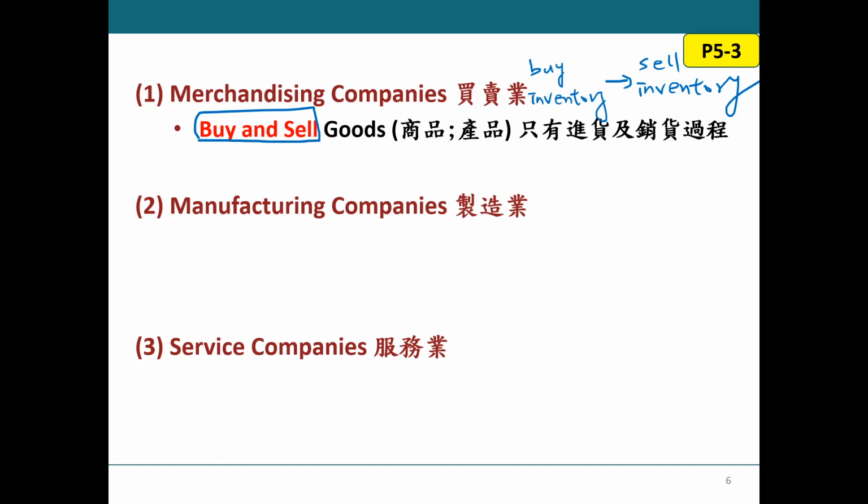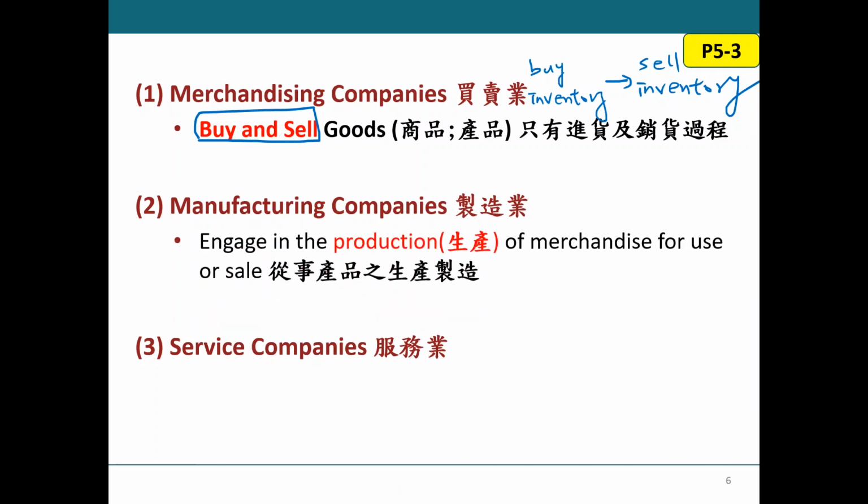But other kinds of companies, like what? Manufacturing company, 制造业. A manufacturing company will do something on inventory, okay? What kind of things? Production, 生产.